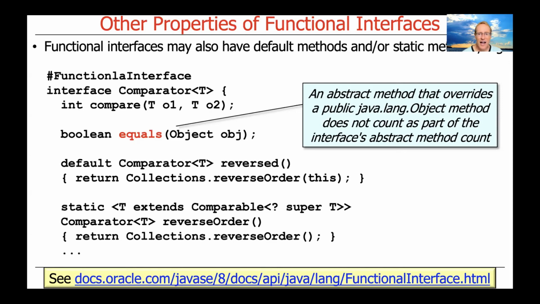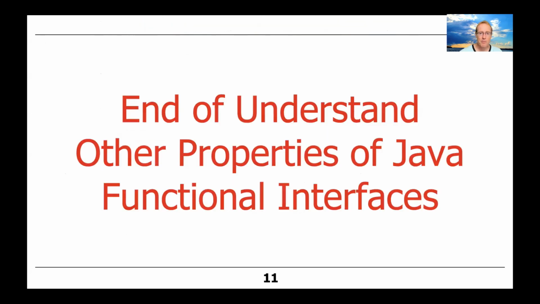And that method actually is not abstract, but in this particular case, it's been made abstract, so you have to go ahead and implement it. But basically what's happening here is those methods that are defined in java.lang.Object are treated specially, and they're not included against the one abstract method in a functional interface rule. That's a little bit weird, but that's just the way it is in Java. So you just have to remember that those types of methods don't get counted towards the abstract method count. So the actual abstract method here, of course, is the compare method.